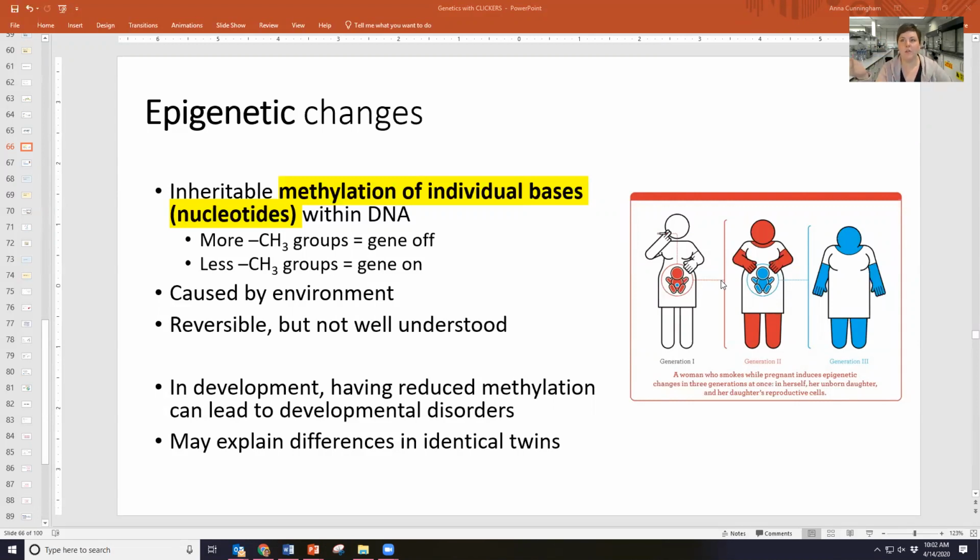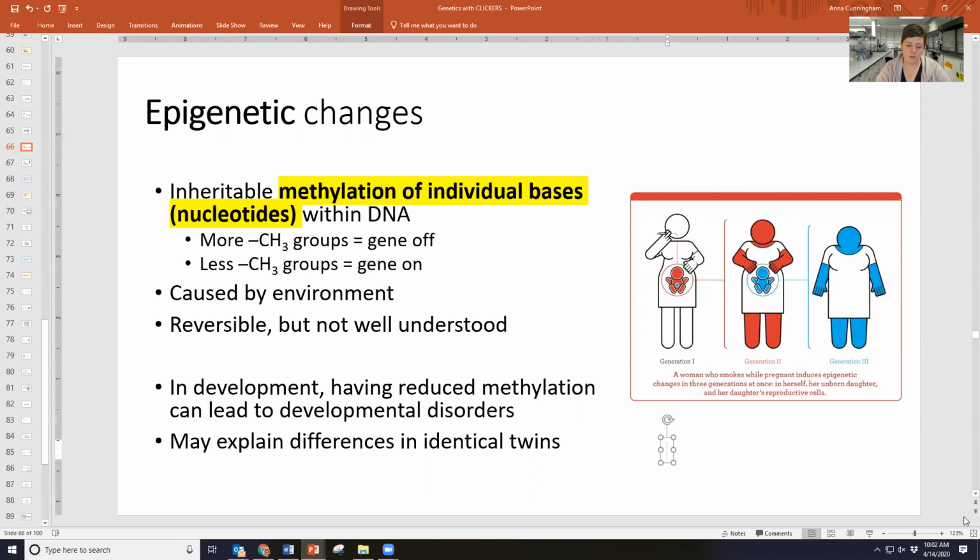Once we get into the effect of methylation of individual nucleotides, what we're interfering with is the actual process of transcription. And that's because there is a big difference between, let's say, C as a nucleotide, so cytosine, and this, which is CH3, just backwards, right?